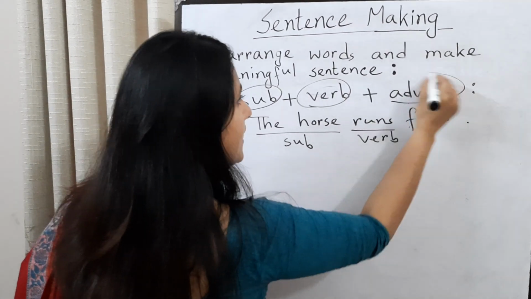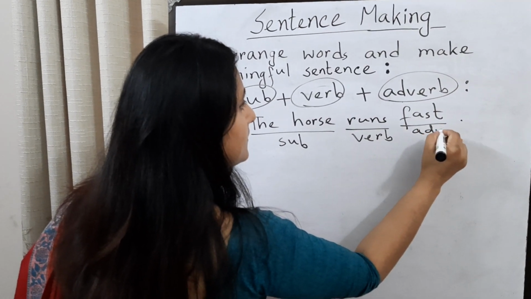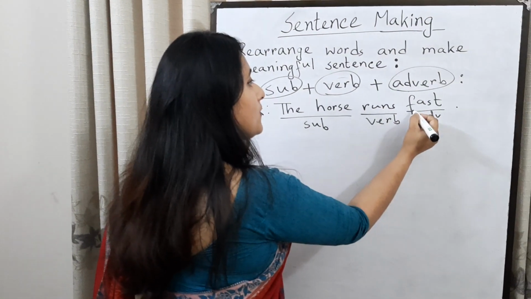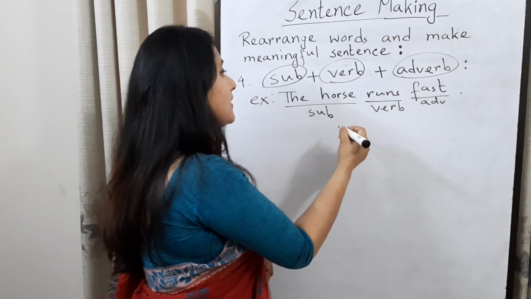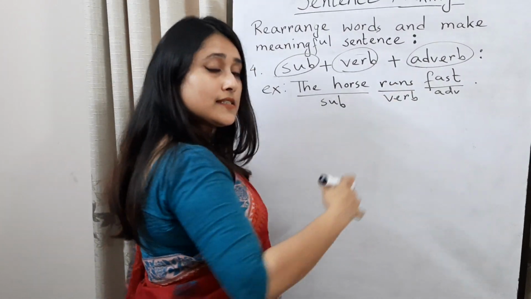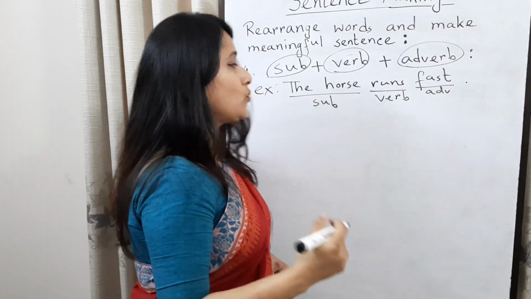And here the adverb is fast. The horse runs fast. Fast is telling how the horse runs. Fast gives the answer of the question how.